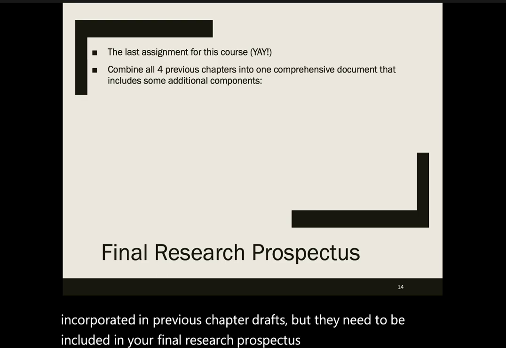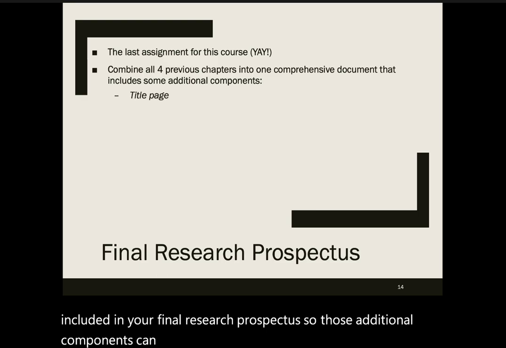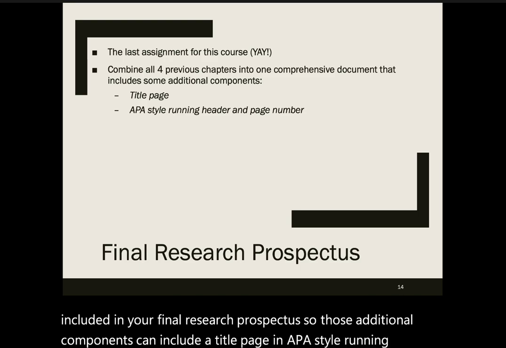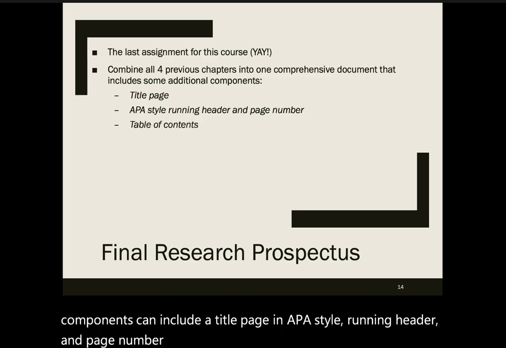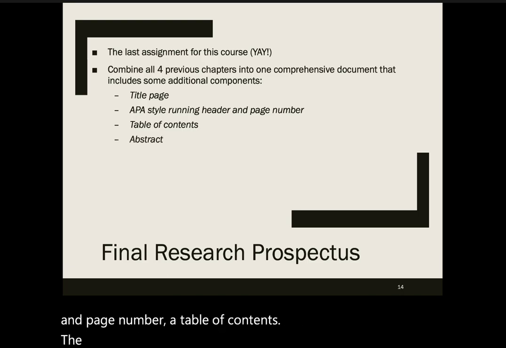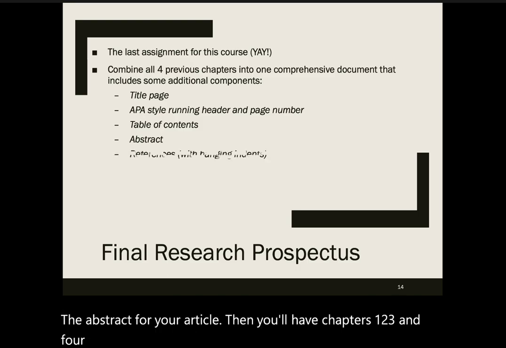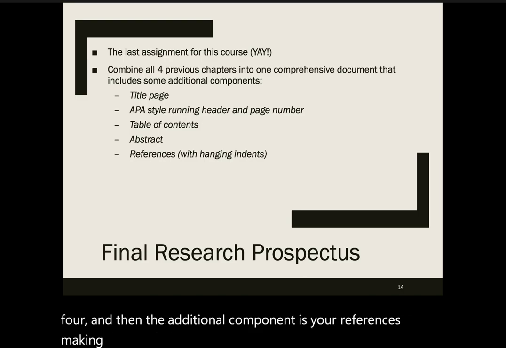So those additional components can include a title page, an APA style running header and page number, a table of contents, the abstract for your article. Then you'll have chapters 1, 2, 3, and 4, and then the additional component is your references, making sure that each reference has a hanging indent.